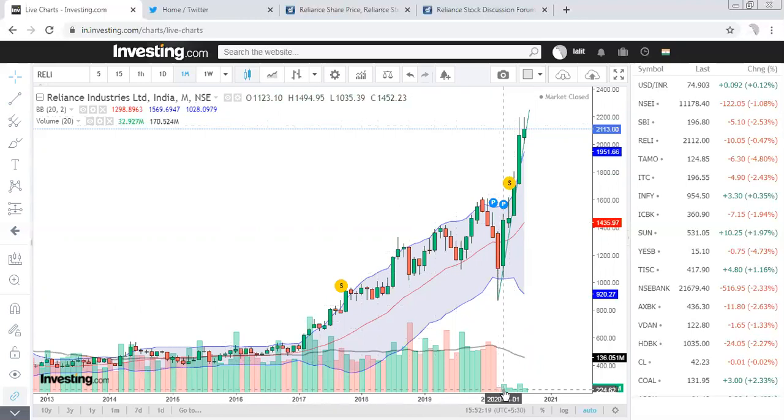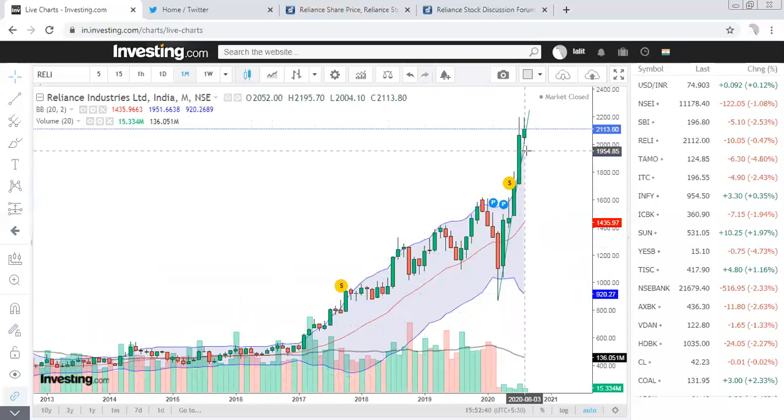So this is February, March, April, May, June, July. The volumes have been lower than the average volumes, the lowest in years. You can just look at the volume pattern previously for the stock.